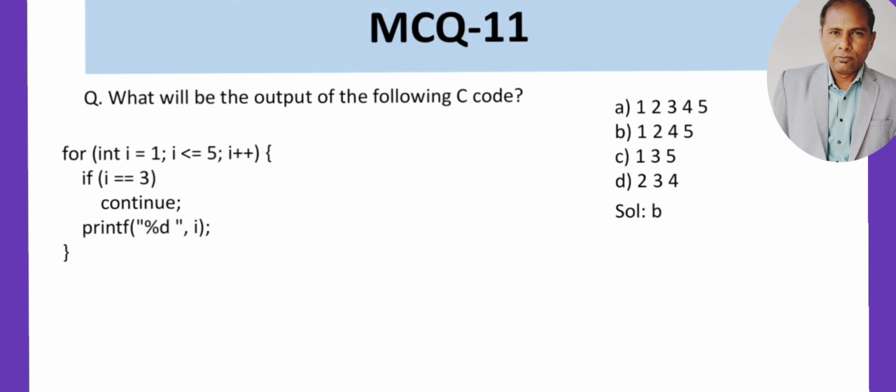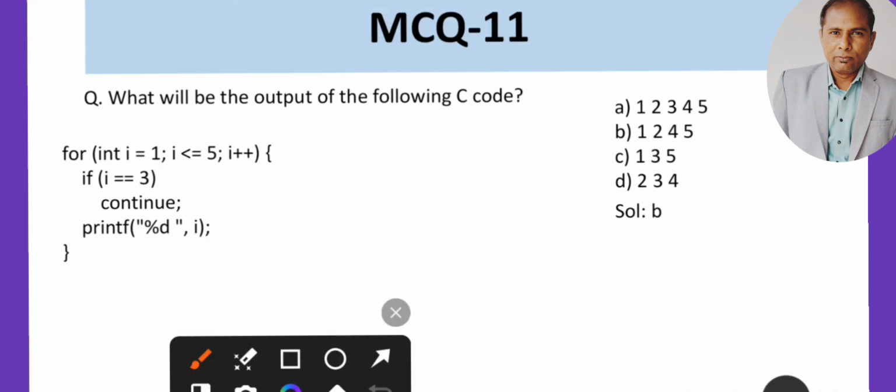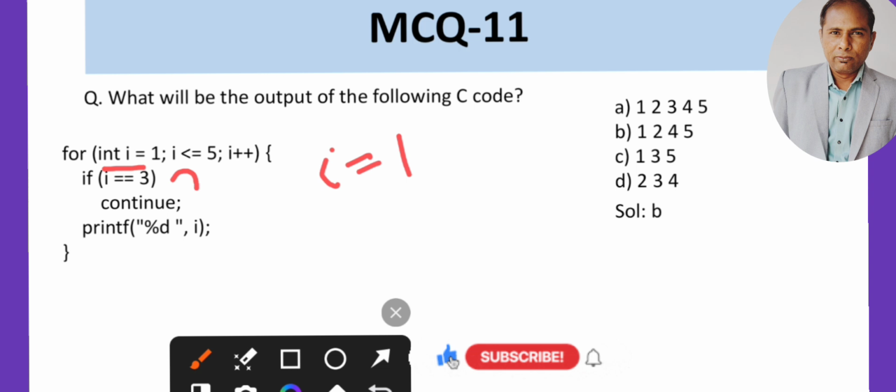Now, if we talk about question number 11, what will be the output of the following C code? Here a for loop is used. We are starting the for loop from 1, but we are writing if i is equal to 3, it should continue. So what is the case of continue?